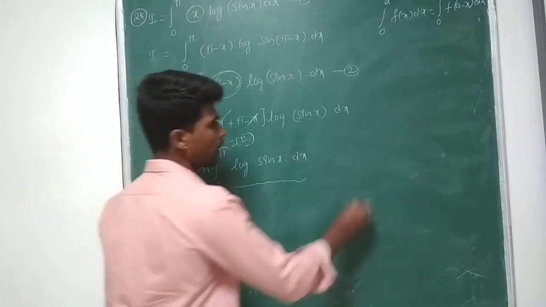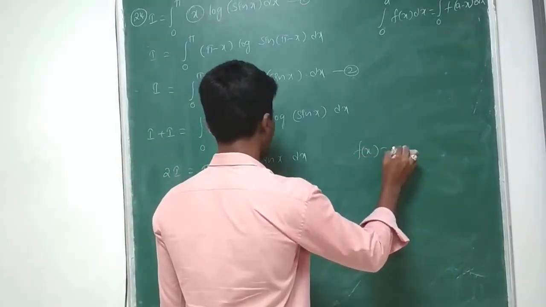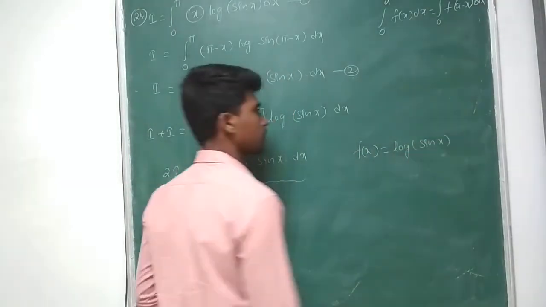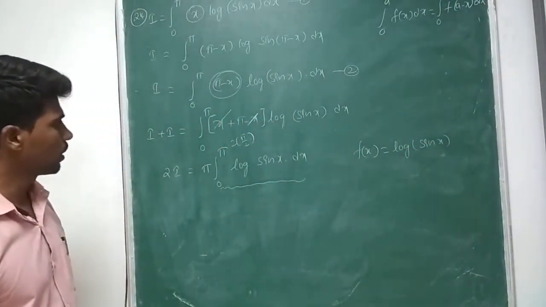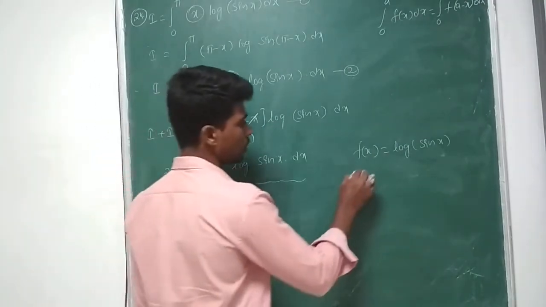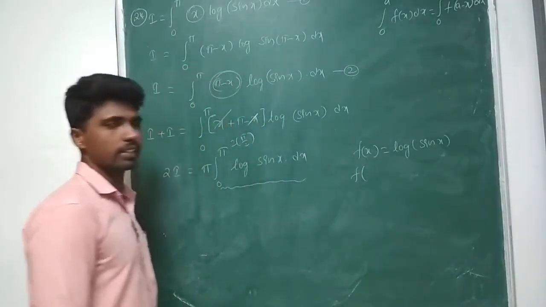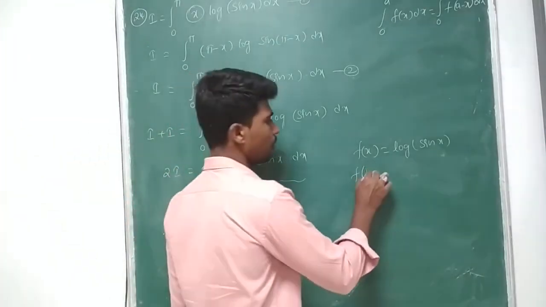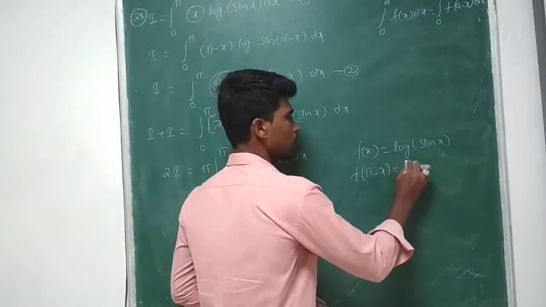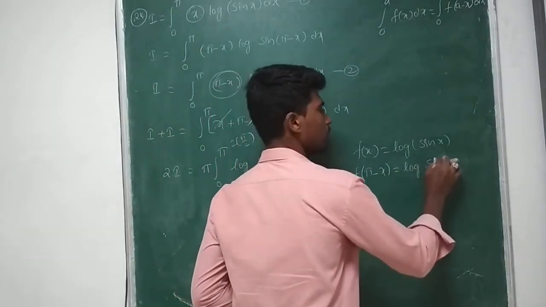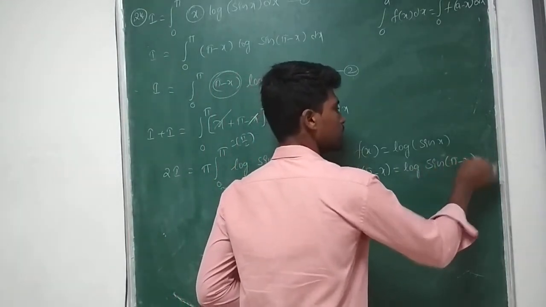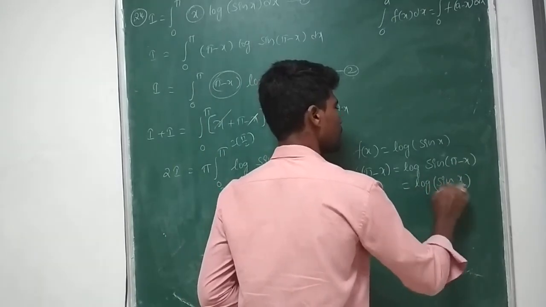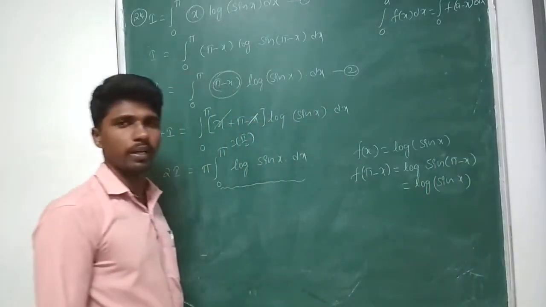So I consider f of x as log sin x. So what about f of 2a minus x? The value of 2a is pi. F of pi minus x is equal to log sin of pi minus x, which is nothing but log sin x. F of x is equal to f of 2a minus x.